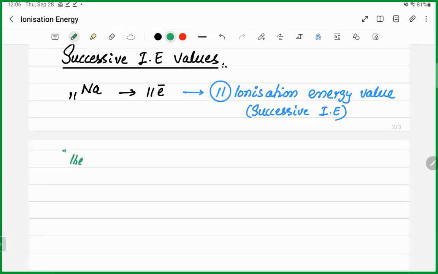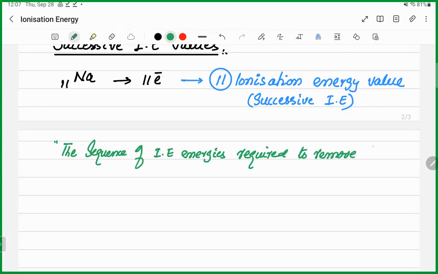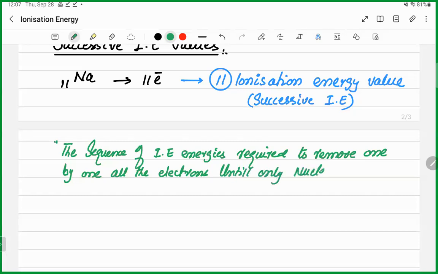Let's write it down. Successive ionization energy is basically the sequence of ionization energies required to remove one by one all the electrons until only the nucleus is left.